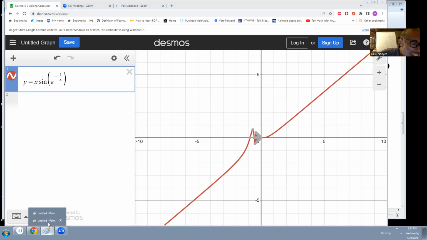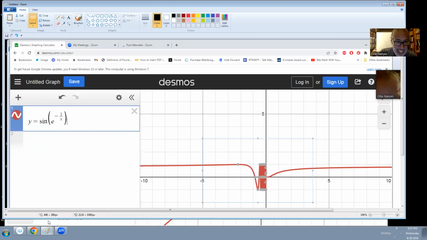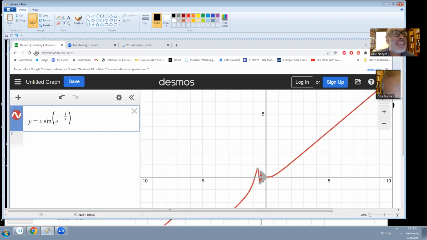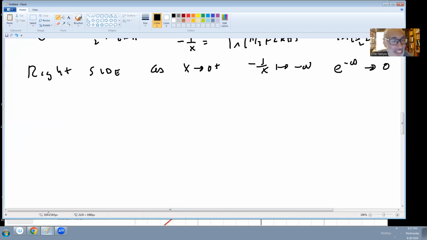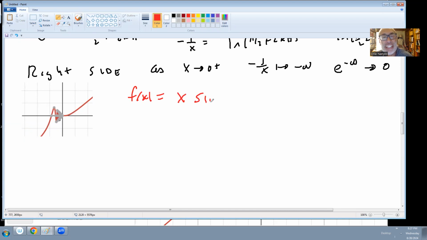That is kind of a neat thing because the right side is not affected. So we'll just write this down. This is f of x equals x sine of e to the minus 1 over x.